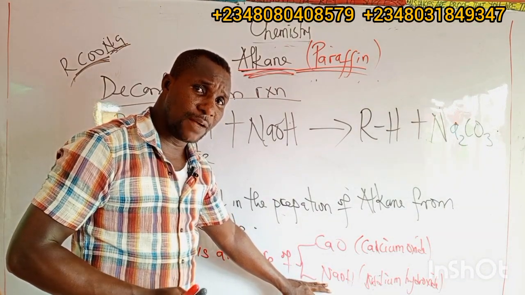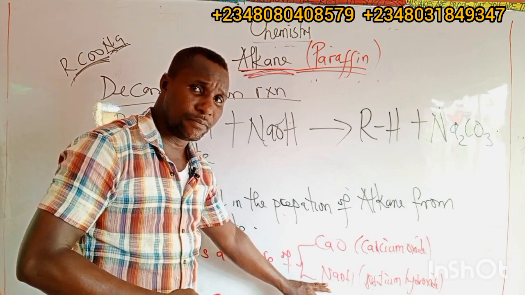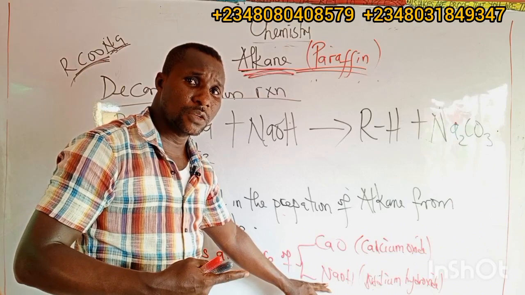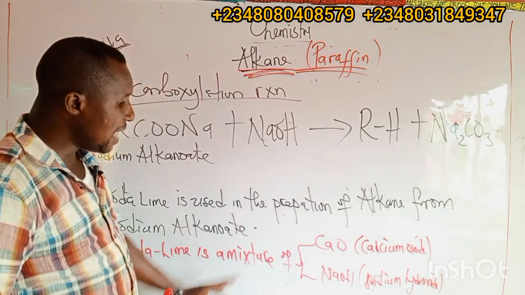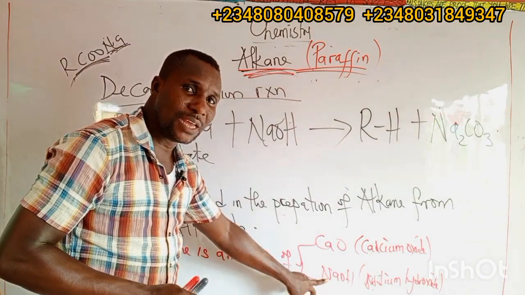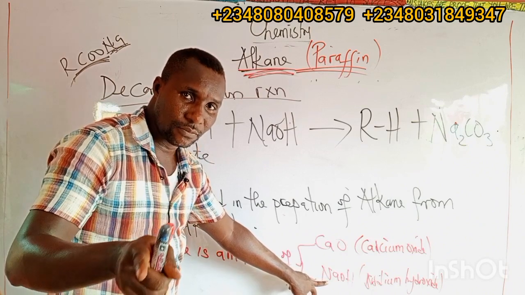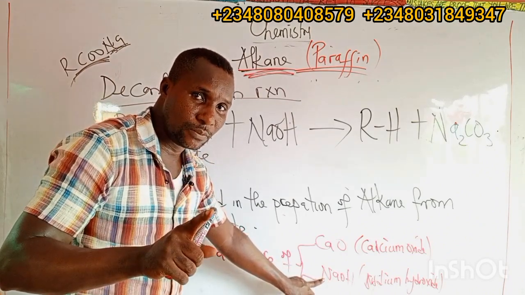There's a question in JAM. The JAM question says, why do we prefer soda lime in preparation of alkane to caustic soda? The reason is that if you use caustic soda directly, it attacks glass and it is a deliquescent substance.